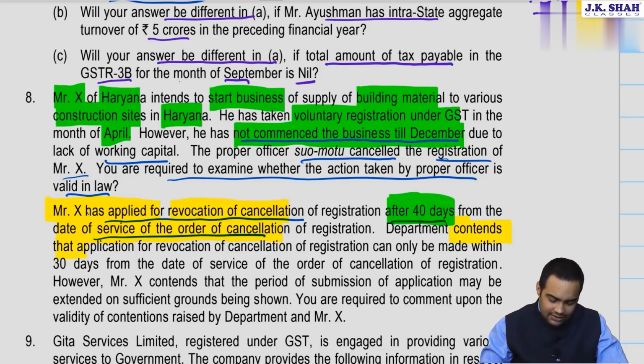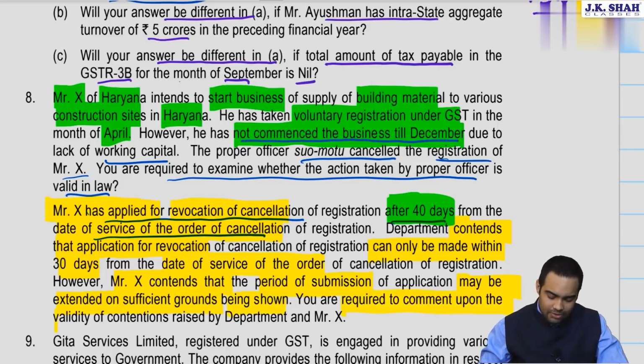Department contends that the application for revocation can only be made within 30 days from the date of service of order. However, X contends that the period of submission may be extended on sufficient ground being shown.